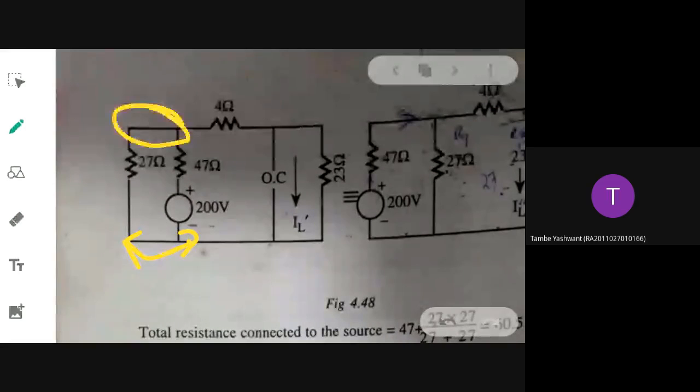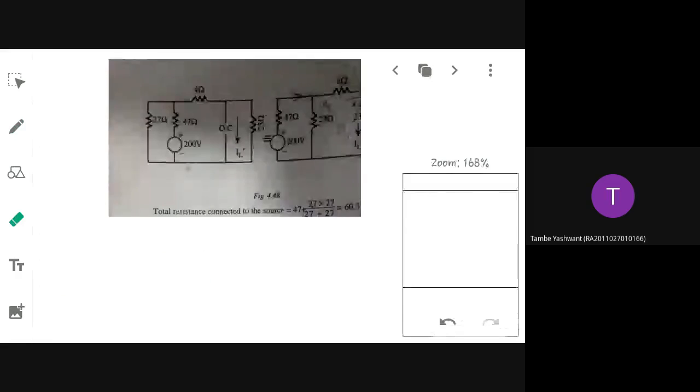After that there is a 4 ohm, so it will not be a problem if I am interchanging. The circuit originality is not changed, no? Yes, ma'am. In between, if you are having another element, then there will be a problem. But here no such elements are there. All are connected to the same node, so I can interchange the branch connection. It will make my work easy only. Okay, thank you, ma'am.